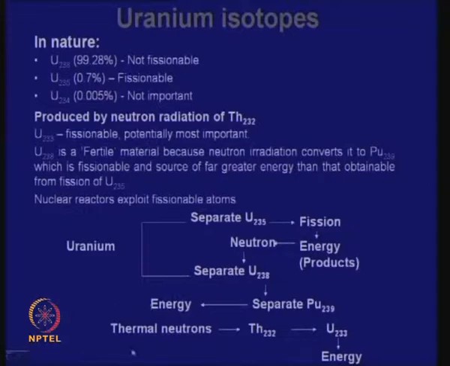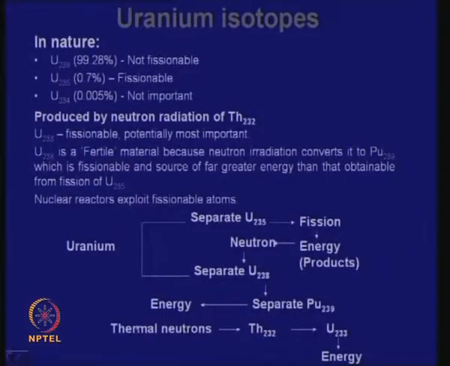Similarly, the thermal neutrons can convert thorium-232 to uranium-233, which is a fissionable material. This is an isotope which comes out of thorium-232 by reaction with thermal neutrons.